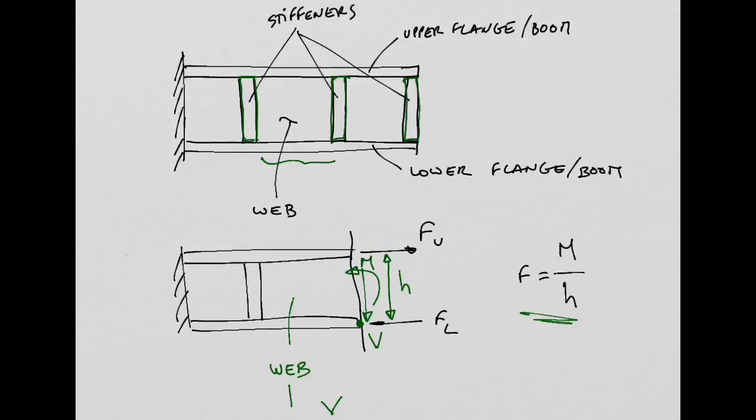So these are the two major functions of the stiffeners, okay? So this is a very quick overview of the major components you have in these spars: the flanges, the stiffeners, and the web, which basically are plates, okay?